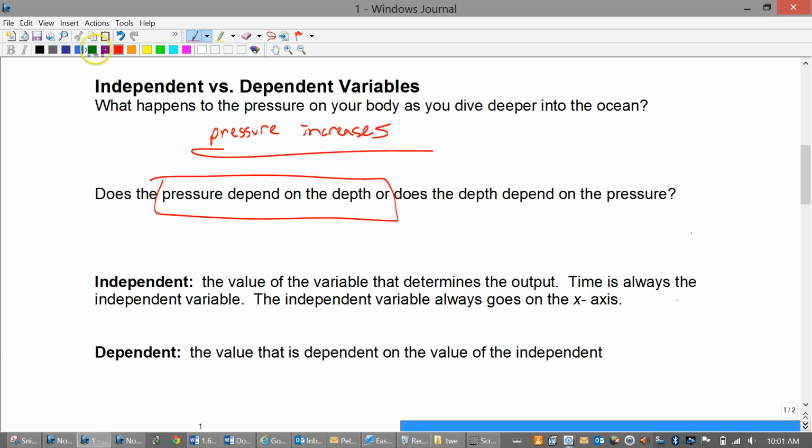With this first set, pressure, then we can say, is the independent variable. Oh, no, sorry, I labeled that wrong. Pressure is the dependent variable, because it depends on your depth. Depth is the independent.